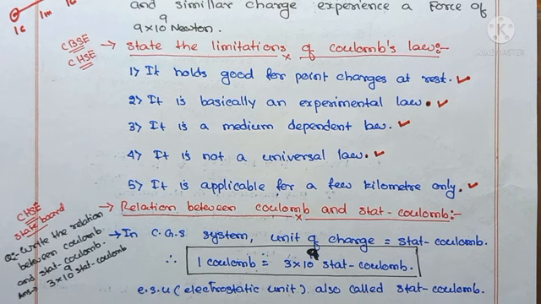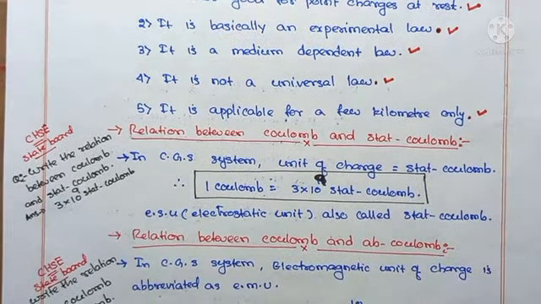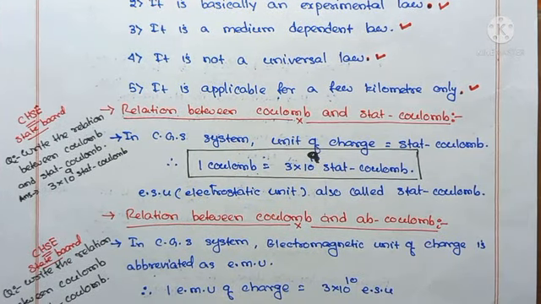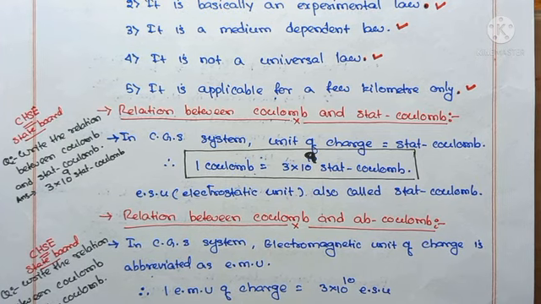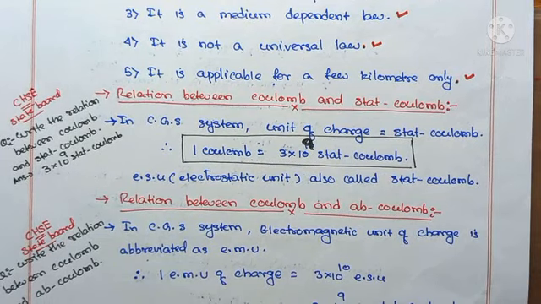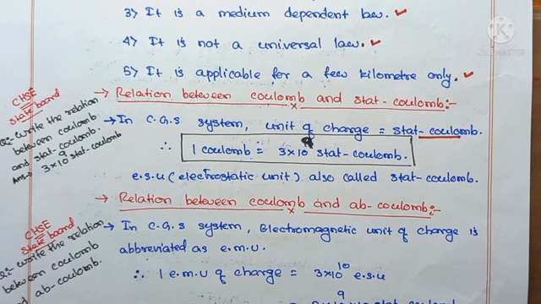Some CHSE board exams and some CBSE board exams also ask questions on the relation between 1 coulomb and statcoulomb, and abcoulomb. So first we will see the relation between 1 coulomb and statcoulomb. In the CGS system, the unit of charge is called statcoulomb.